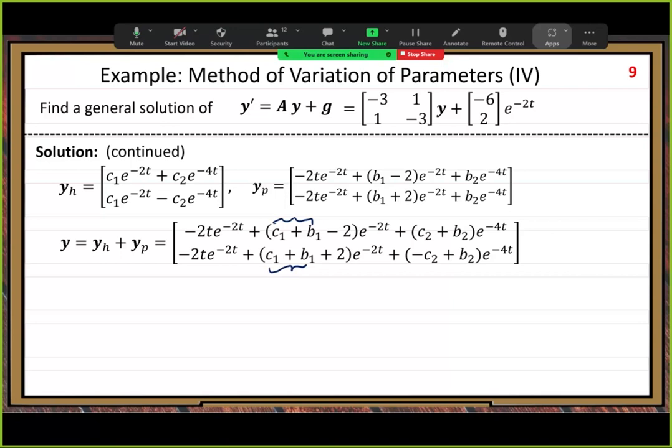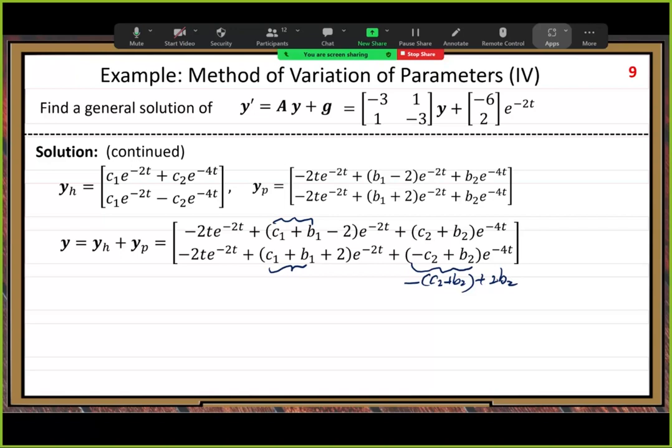You have to do something extra in order to make it simple. Can you write this one as minus C2 plus B2 plus 2B2? Can you do this change?